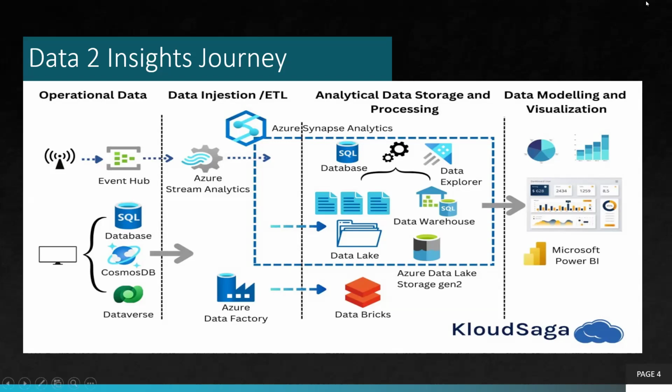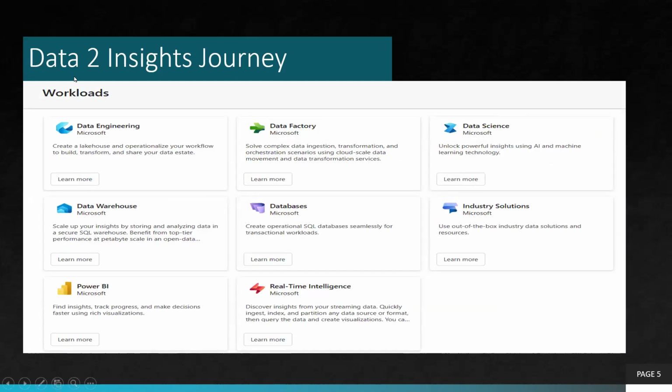So we are going to be mainly learning about data modeling and visualization, right? And there are different streams, if you see in this particular thing: data engineers, data factory, data science, Power BI. In terms of names, there are different things.